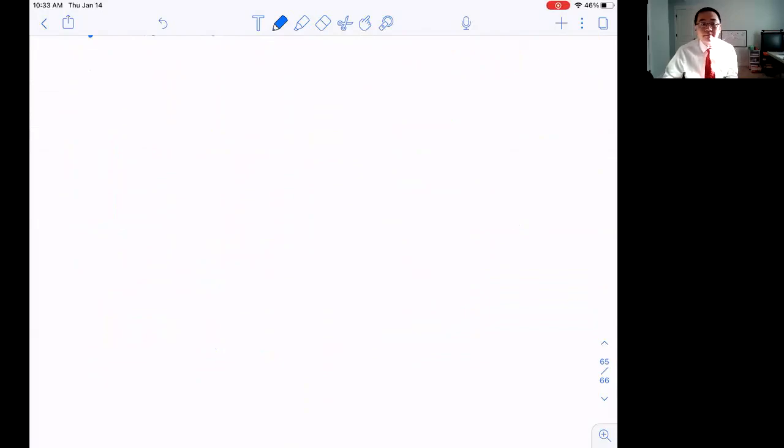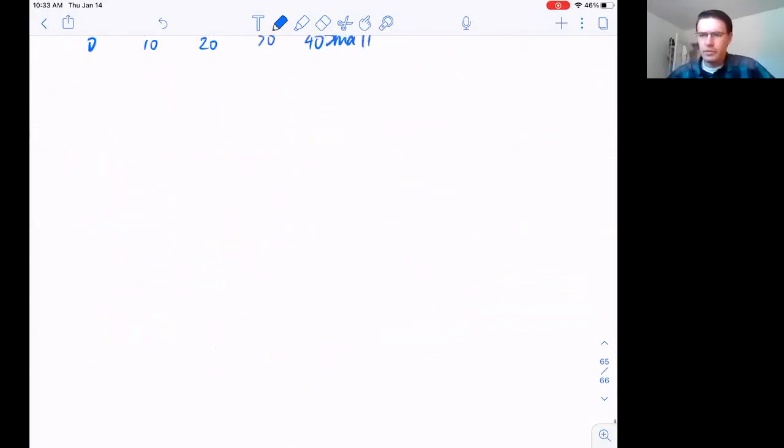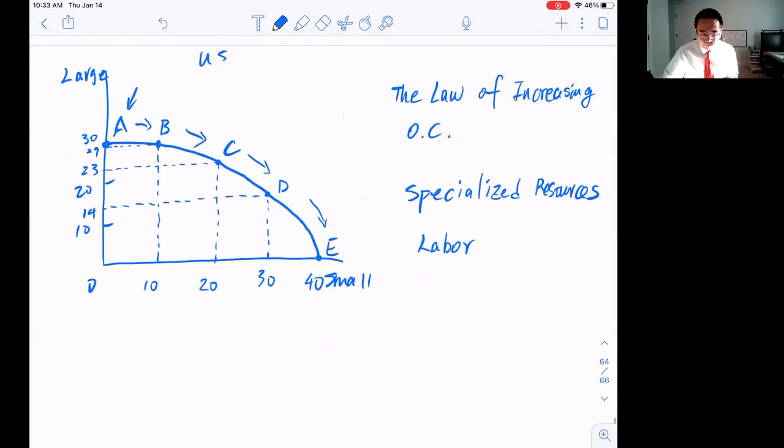Oh, go ahead. I did have a question about the curved PPF. So the opportunity cost is the slope. When we're finding the opportunity cost, are we going to do it like in this situation, where we look at how many units we lost when we transferred, or are we going to be using calculus?